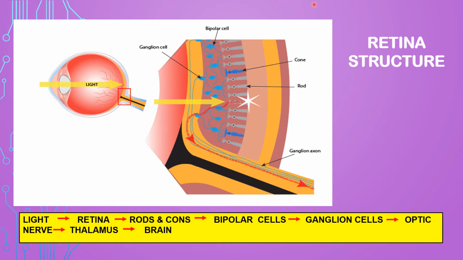The optic nerve is a collection of millions of ganglion neurons, and it sends a vast amount of visual information. So the visual information is transmitted to the brain through the optic nerve.